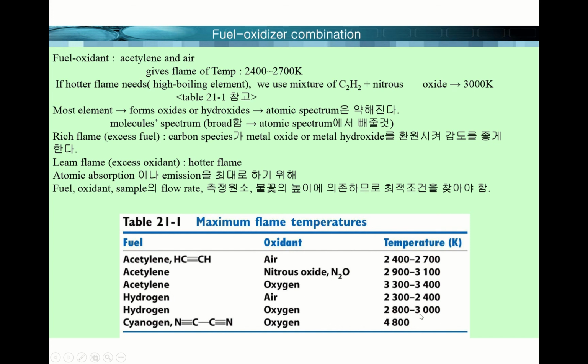Wow, this is quite high temperature. So you need to maximize atomic absorption or atomic emission. In order to do that, you have to find an optimal condition for fuel, oxidant, and sample, and also flow rate.